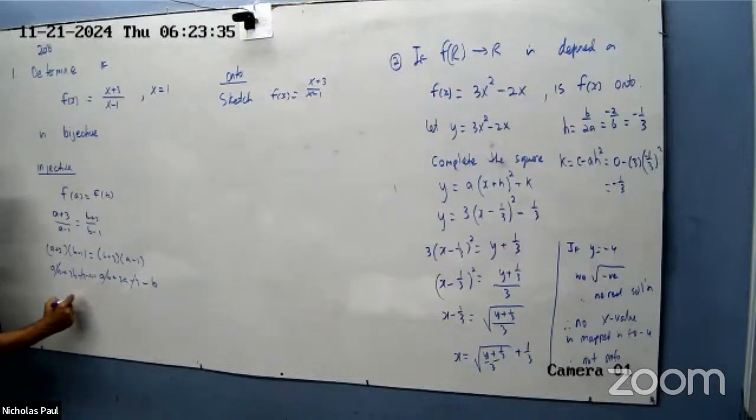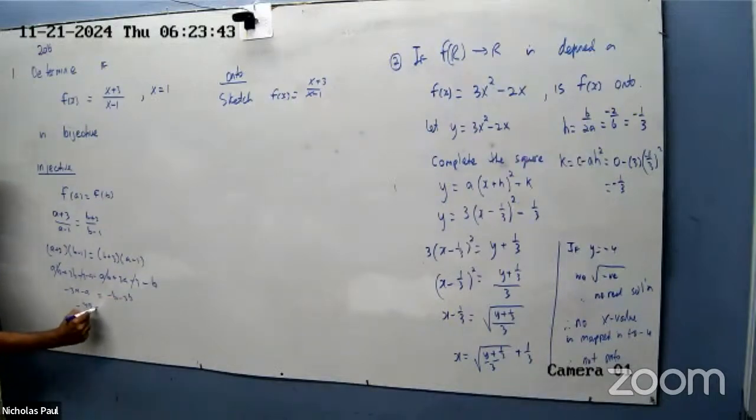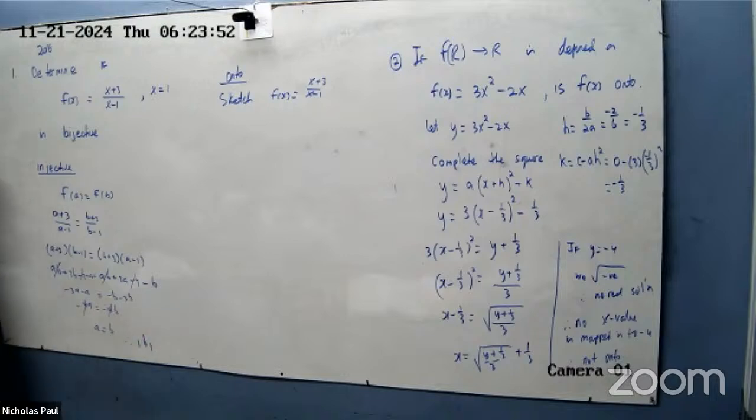Bring the a's on one side, you'll get 3a minus a. Bring the b's on one side, minus b minus 3b. Here you will get minus 4a and minus 4b. Divide by minus 4, you'll get a is b. Therefore, 1 to 1. Right?